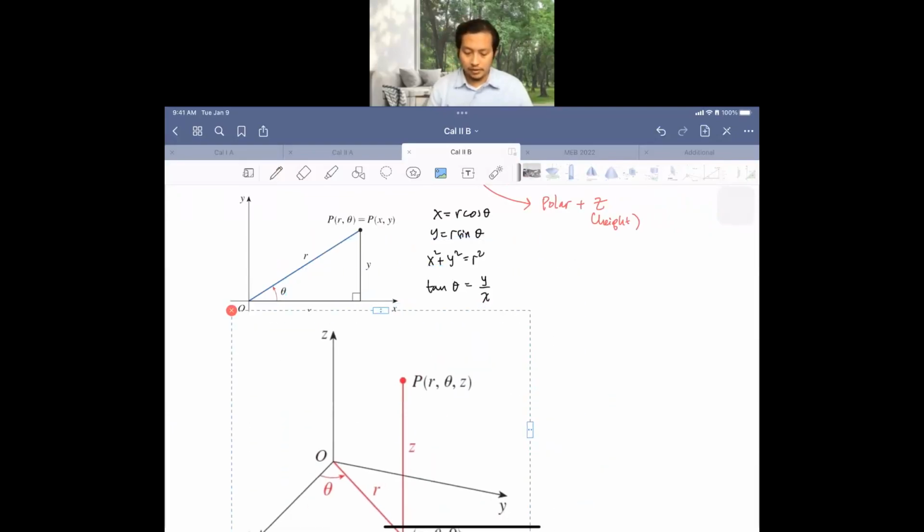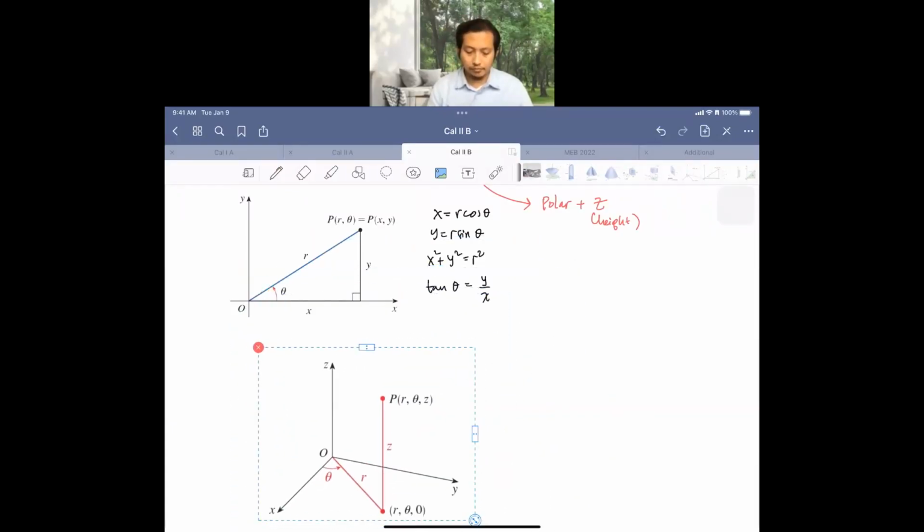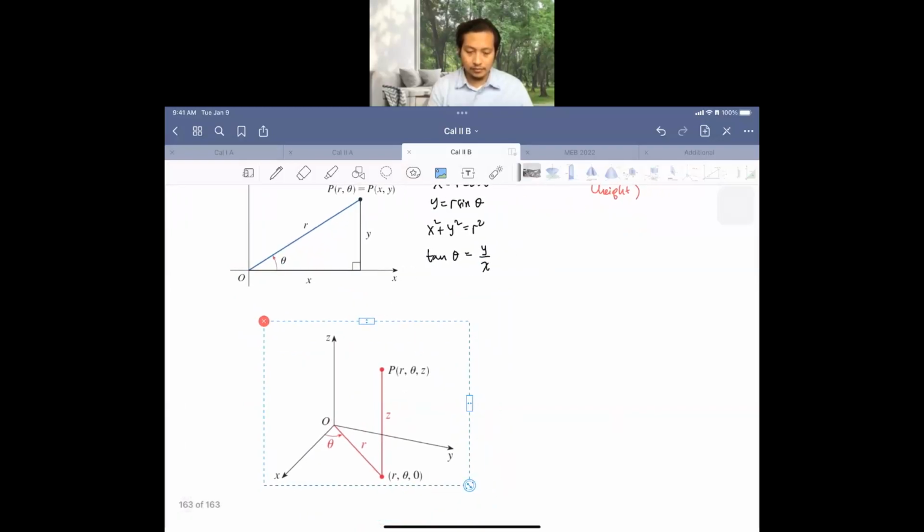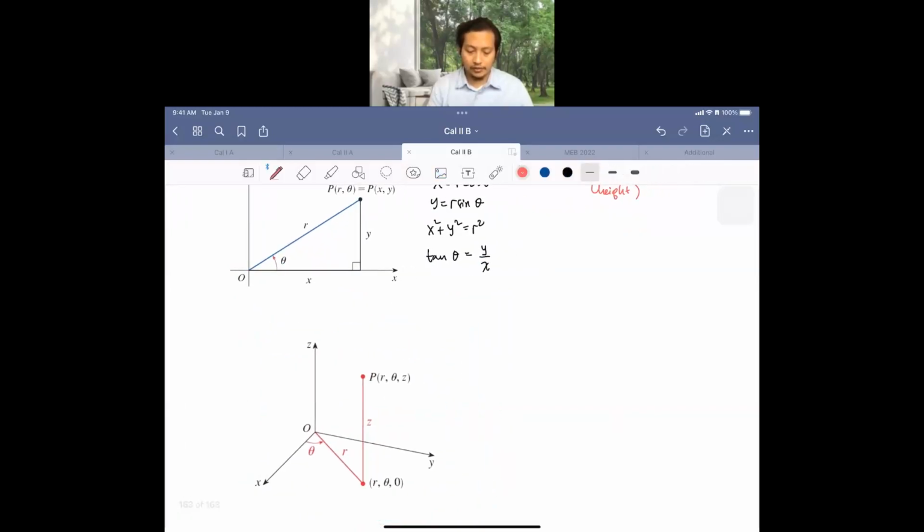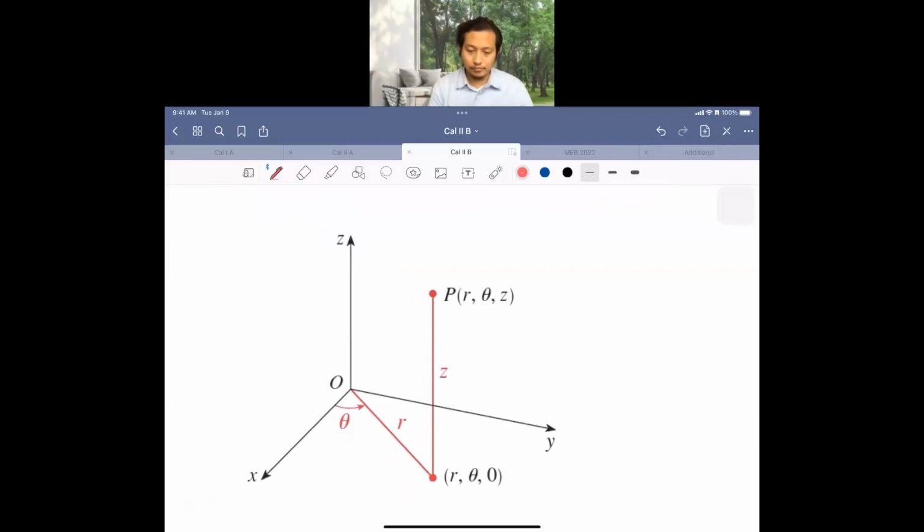Let's say we start with the radius, and theta is a polar, right? It's a polar system.